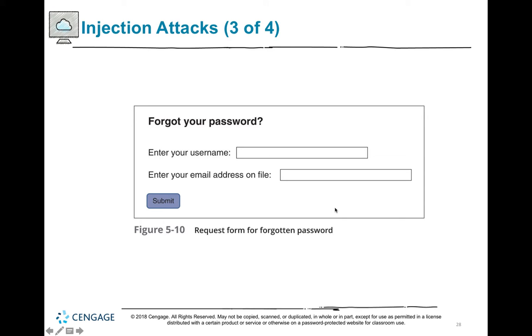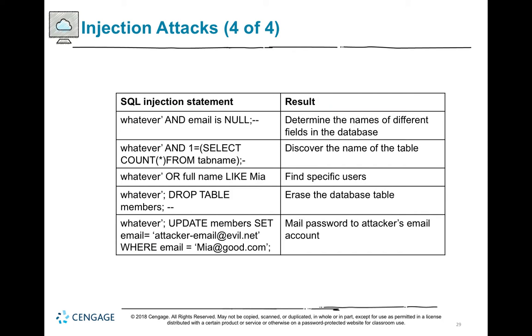Right, and there's kind of a form that may be vulnerable. It's hard to tell by looking at the form, but I guess that's what a vulnerable form looks like. And then here are some examples of malicious SQL injection statements. So the attacker would enter whatever. Notice how there's not an opening quote. That's built into the application.